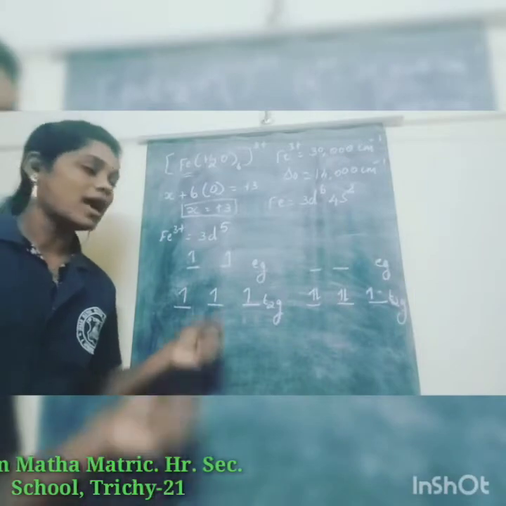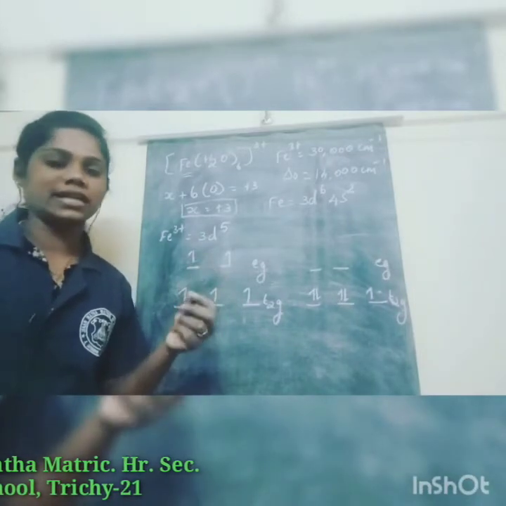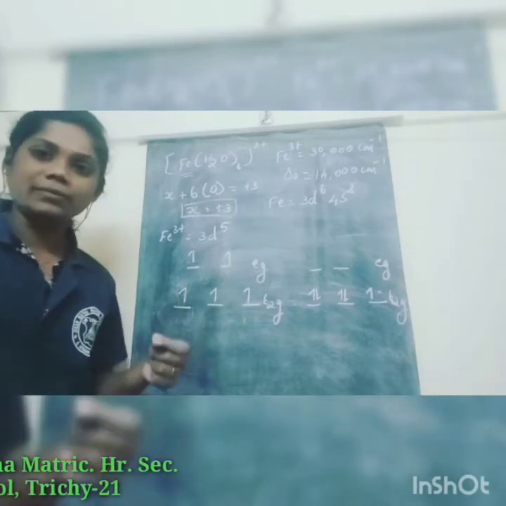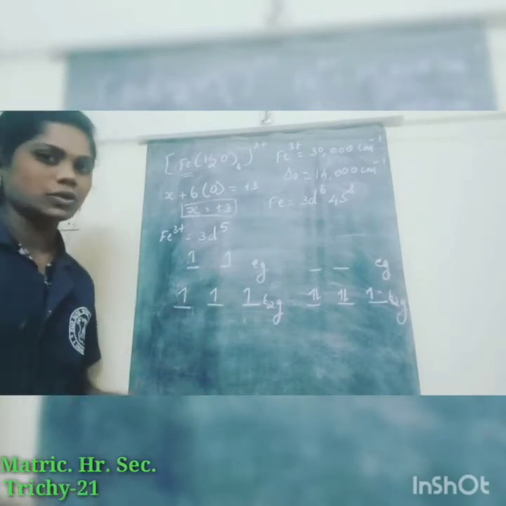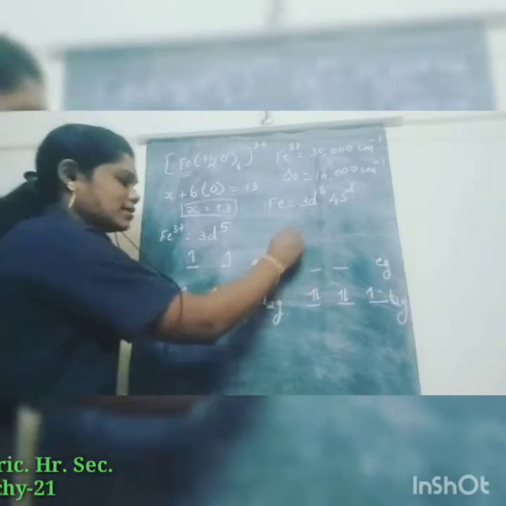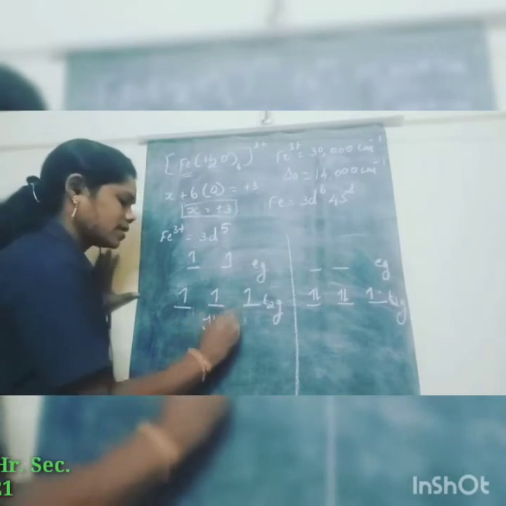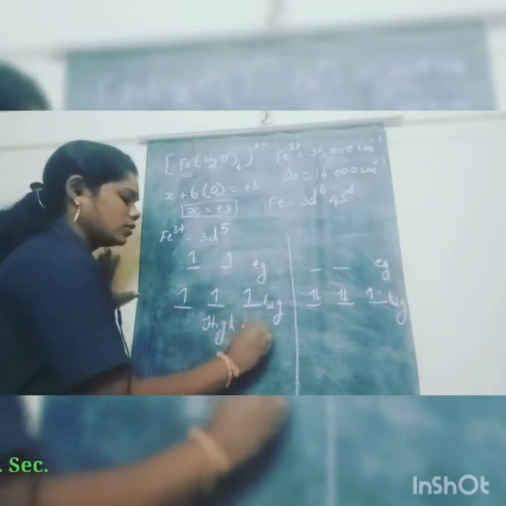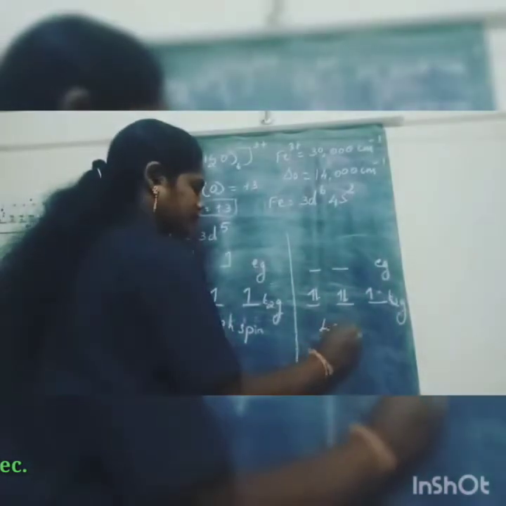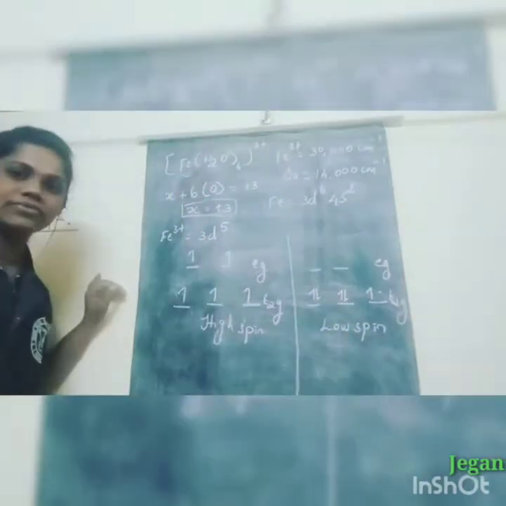High spin means a high number of unpaired electrons, and low spin means a low number of unpaired electrons. The number of unpaired electrons is present in this one only, so this is for high spin and this one for low spin. And next we apply the CFSE formula.